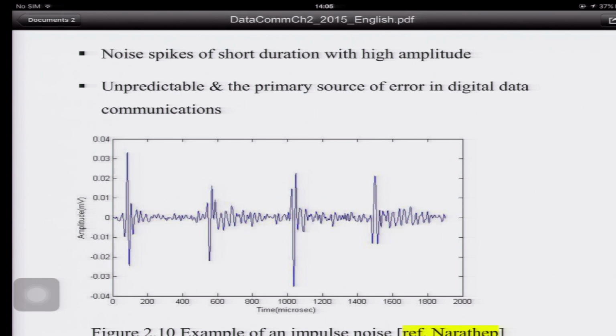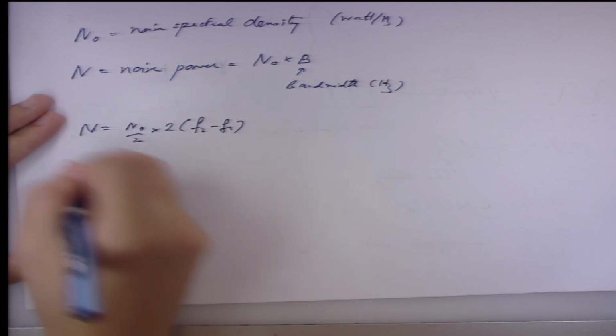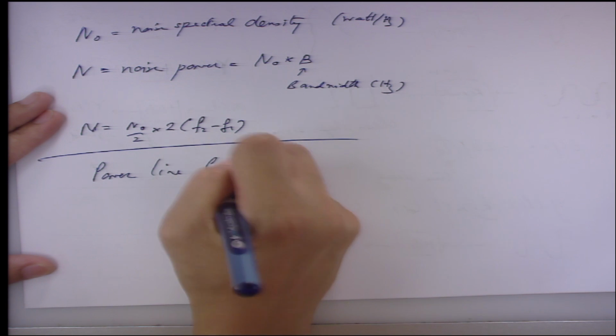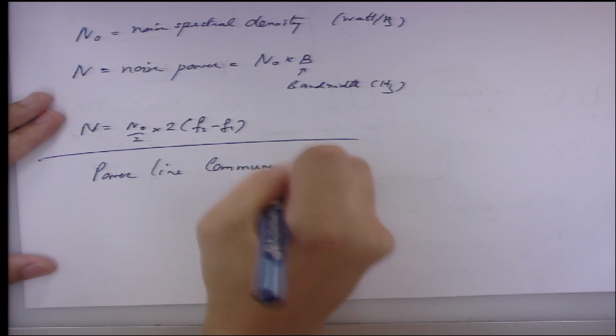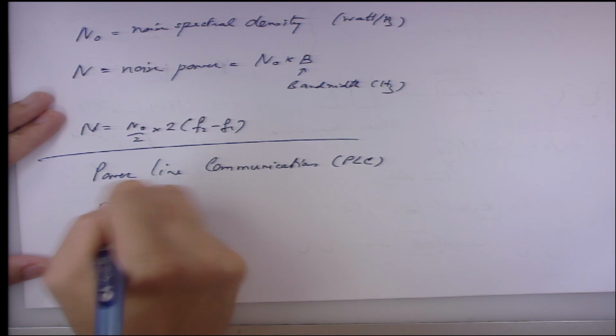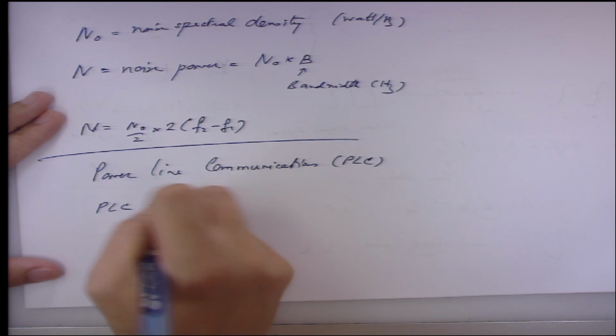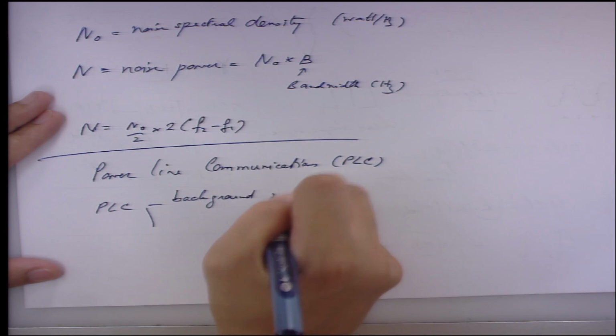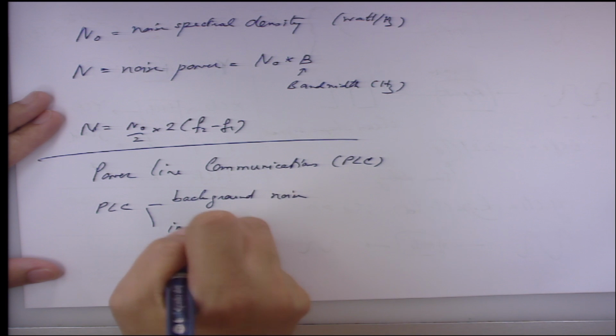Impulse noise is like in power line communication. Let me talk a little bit. When you transmit through the power line, PLC has background noise and impulse noise.